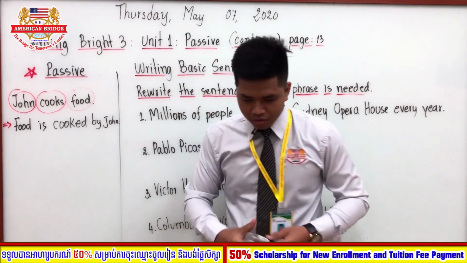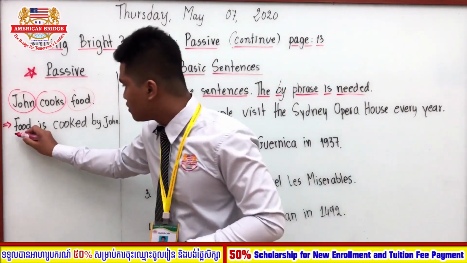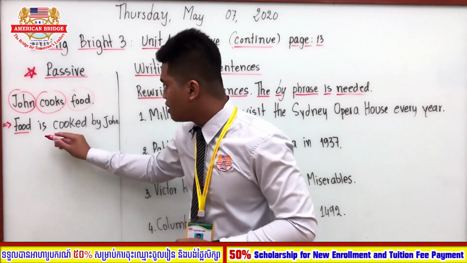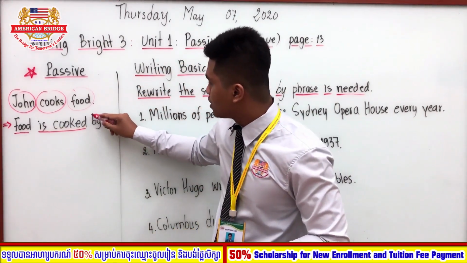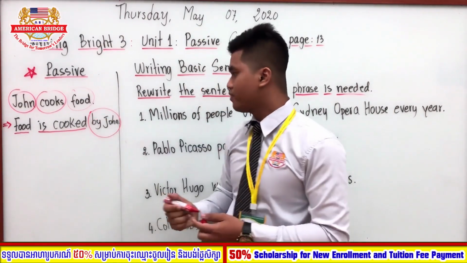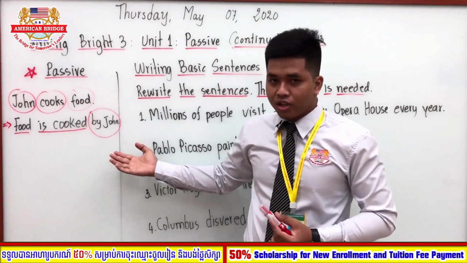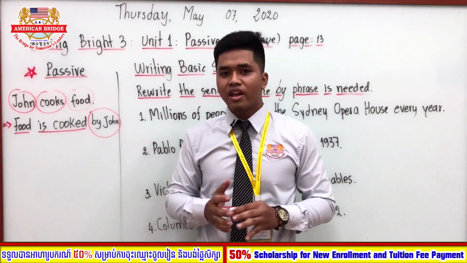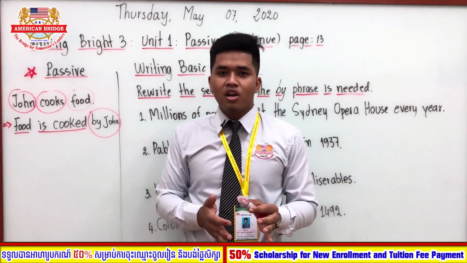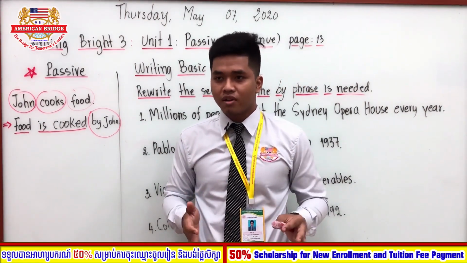Very good. So let's look at our new passive sentence. Here is the subject. Here are the verbs. And this is a by phrase. So now, food is cooked by John. In the active sentence, traditionally we said that the subject is the one who performs the action in the sentence, right?